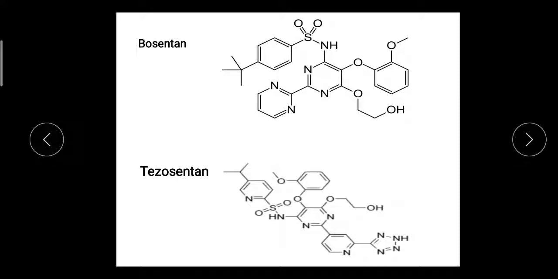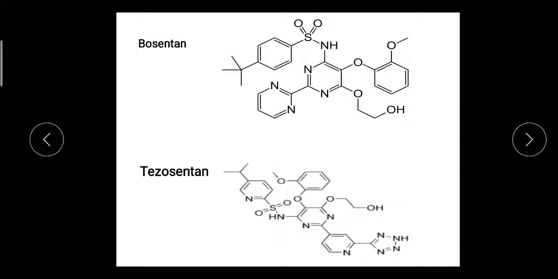The second drug is tezosentan. Tezosentan is a non-selective ETA and ETB receptor antagonist. It acts as a vasodilator, and it is designed as a therapy for patients with acute heart failure. So their use is in the treatment of heart failure.